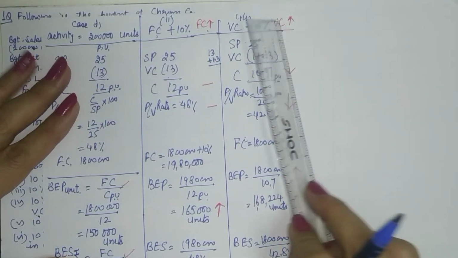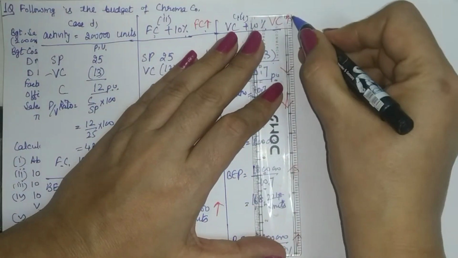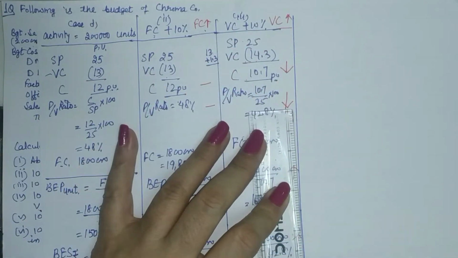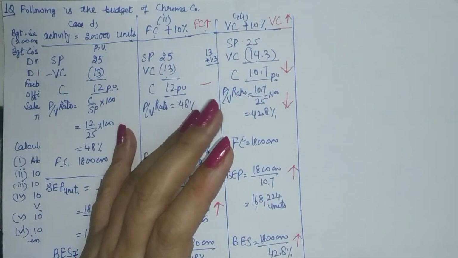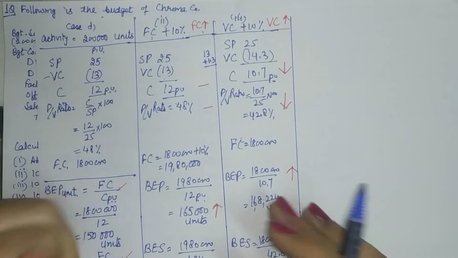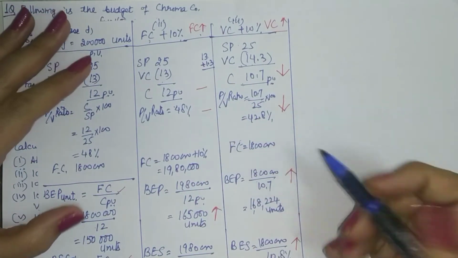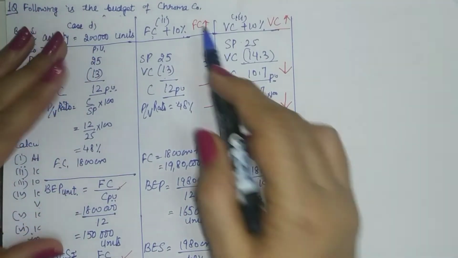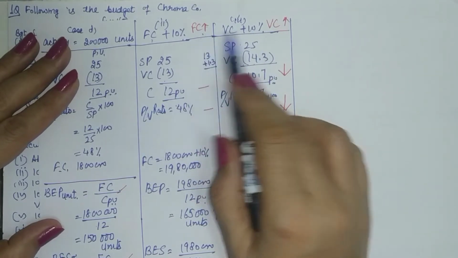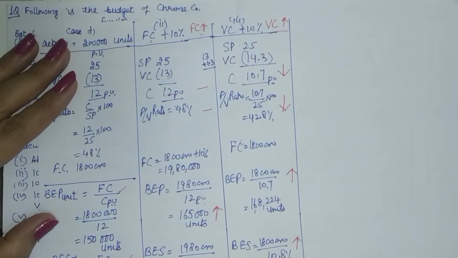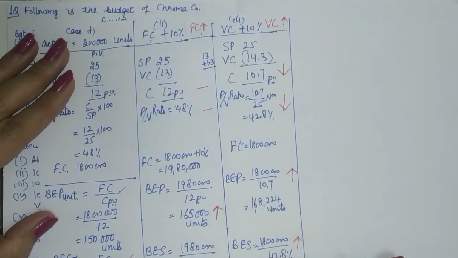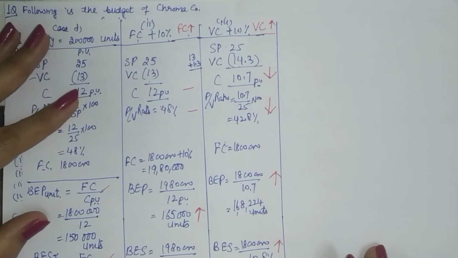Because when cost is increasing, it means you need to sell more to cover all the costs. So in order to break even, you need to have higher sales. So any increase in the cost, whether fixed or variable, is likely to increase break-even point, and it is unfavorable for the company.